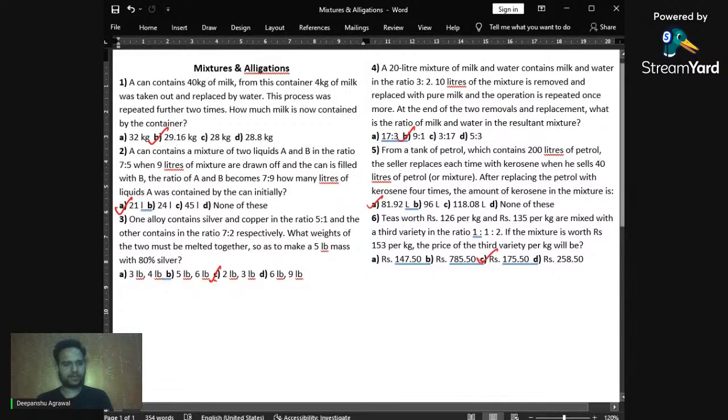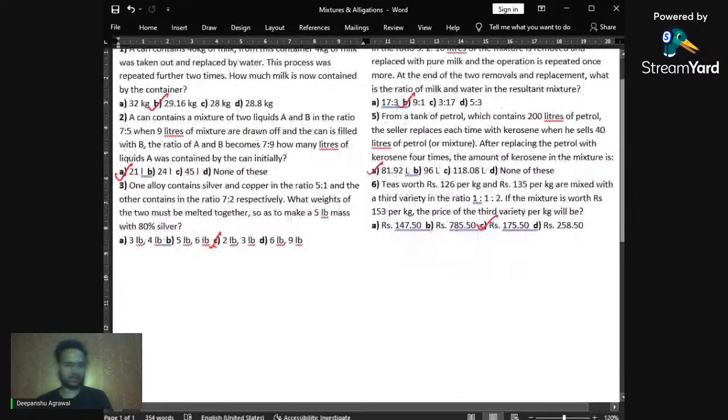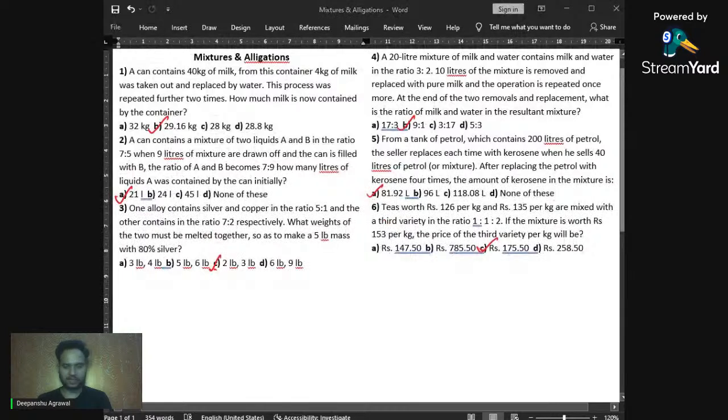All right, let me start solving question number one. Let's do an analysis also. If you have done at least four questions out of these six correct, then you can consider yourself on the right track.